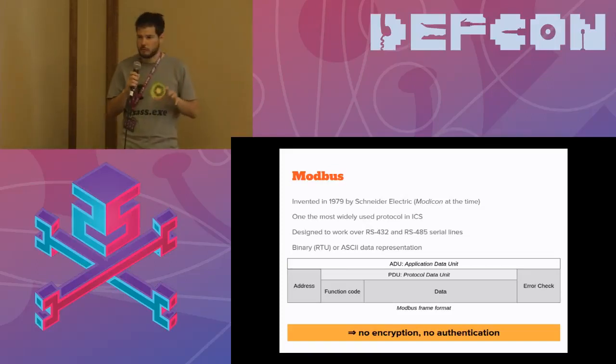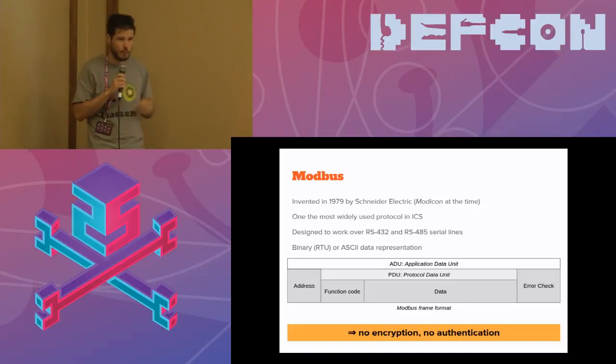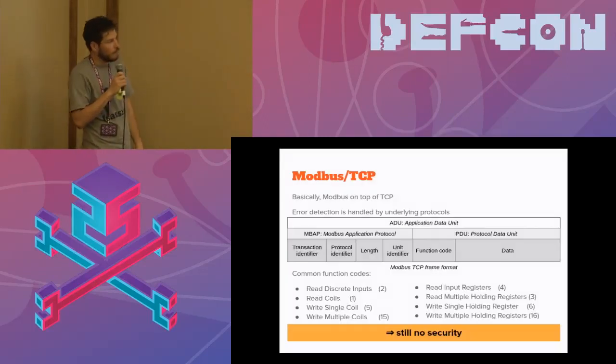So why do I talk about the frame format? Just to show you that there is no security built into the protocol. There is no encryption, there is no authentication. So that was not really a problem when we were using that over serial lines. However, later they tried to use Modbus over TCP. So they just removed the integrity checks because that's handled by the TCP layer.